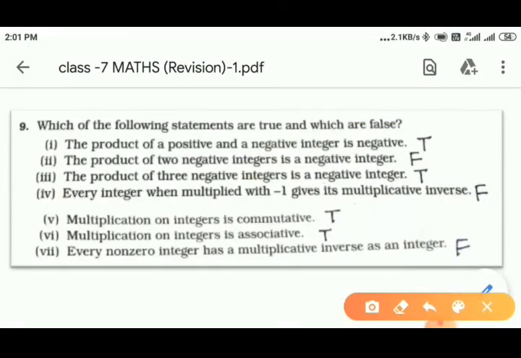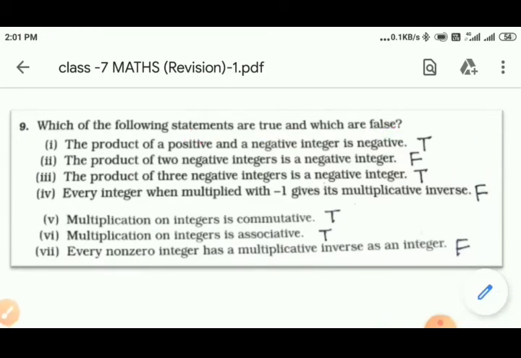Which of the following statements are true and which are false again? The product of a positive and a negative integer is negative. Positive and negative means we write positive as plus and negative as minus. So when we multiply, plus times minus will become minus. So it is a true statement. The product of two negative integers is a negative integer.